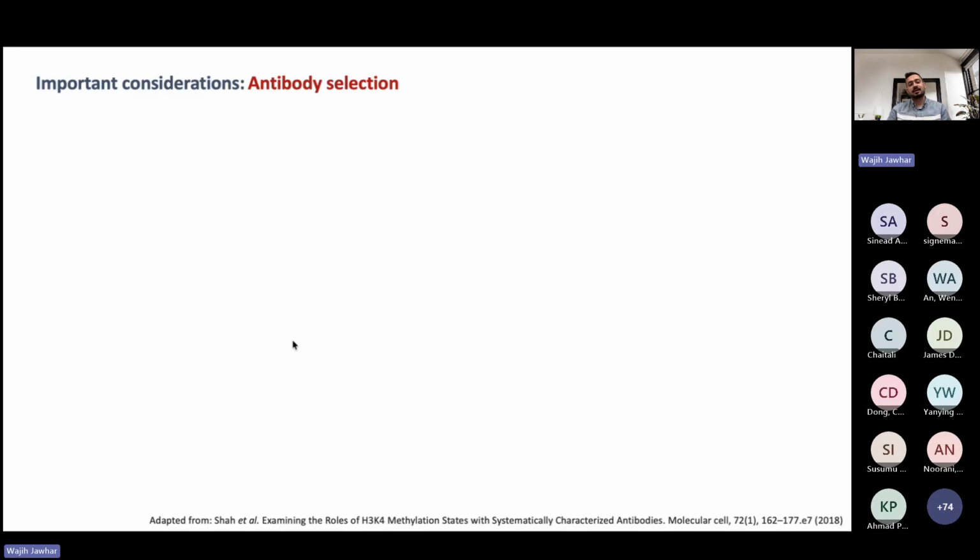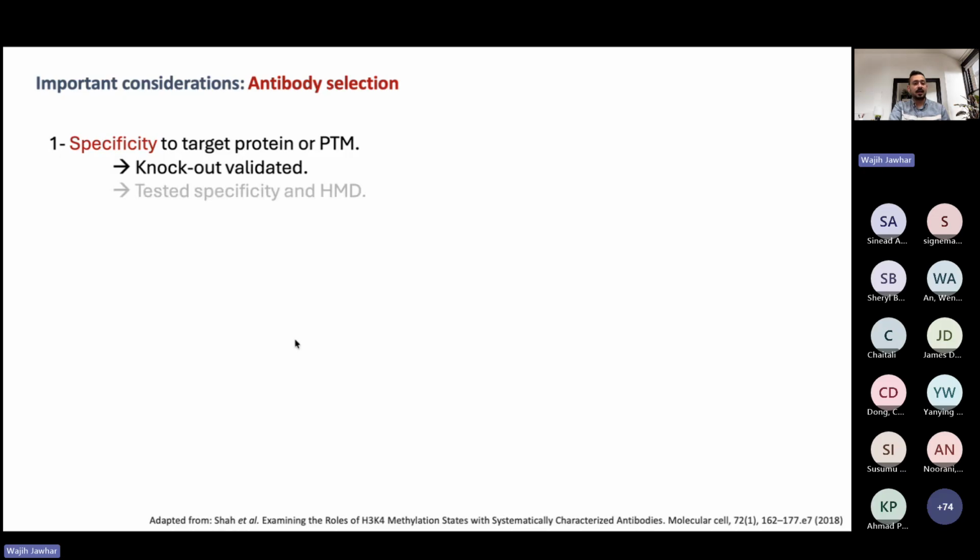So the second very important consideration as well is antibody selection. You need to make sure that your antibody is specific to your target protein or your target PTM. So if possible, choose an antibody that's knockout validated to make sure it's specific. And then the second very important thing, especially for PTMs, is promiscuity.